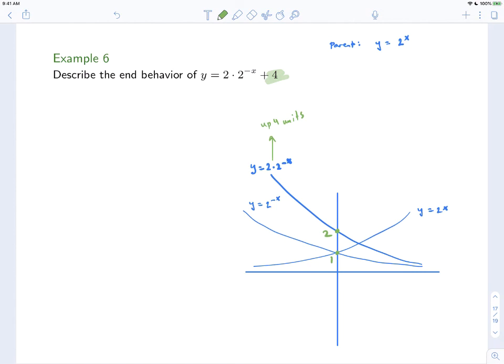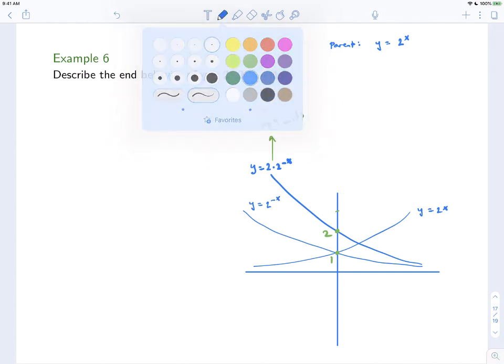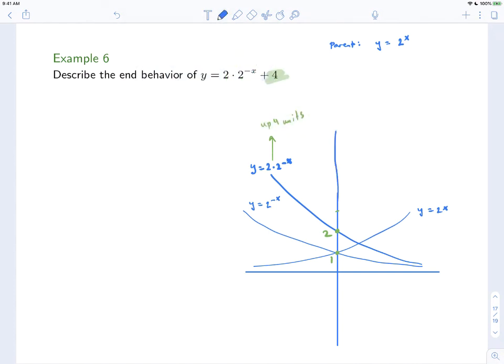So we're going to move everything up by 4. So this x-axis, when y is equal to 0, moves up to 4. So if this is 3, 4 is going to be right up here. Let's change it to blue, just to draw this. So that's going to put us right here.